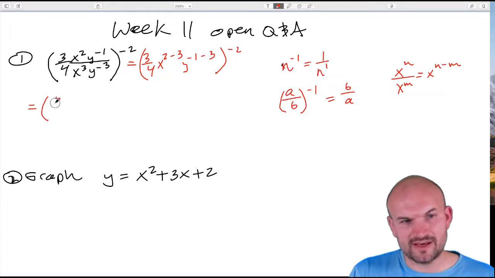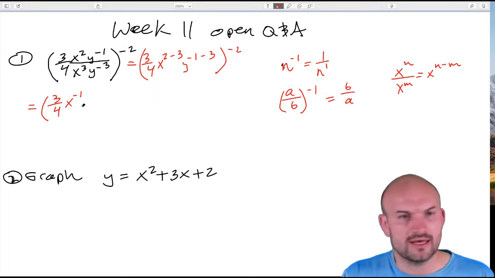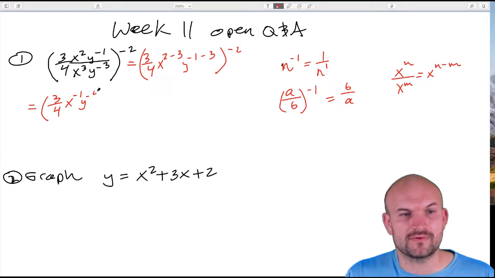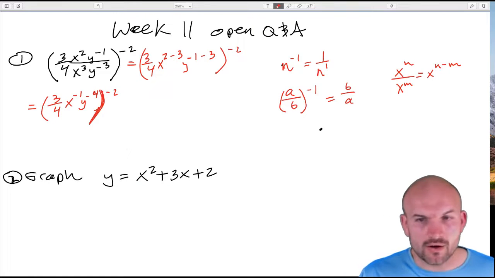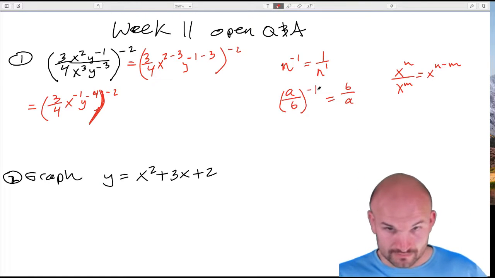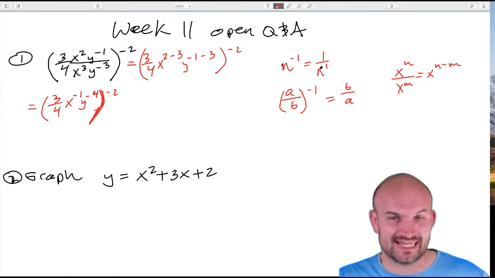Now let's simplify this. So this becomes x to the -1st, and -1 minus 3 gives y to the -4th. There we go. Now we can go back and use the rule that when we have an exponent raised to a negative power, we can put it in the denominator.